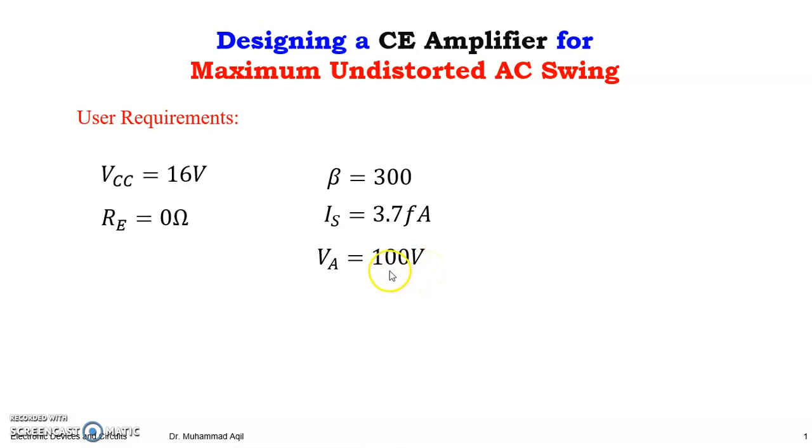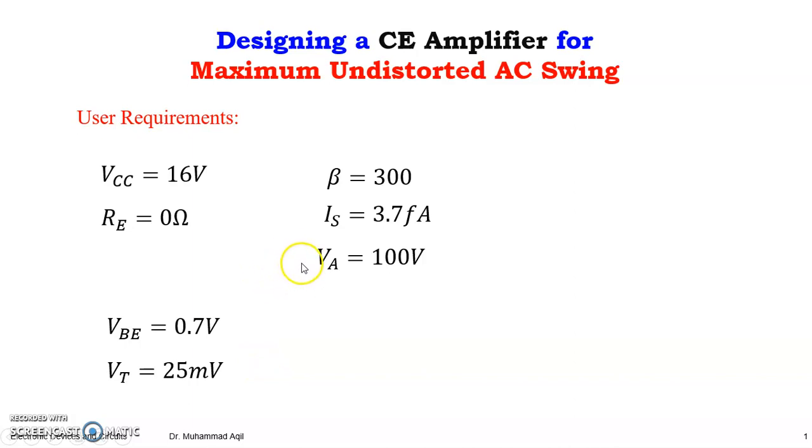Remember, its value would be negative when we place it into the formula. VBE is given as 0.7. If not, we already know that for an amplifier we usually take VBE nearby 0.7 volt. VT is 25 millivolt for room temperature.